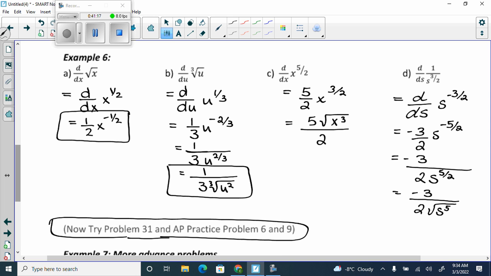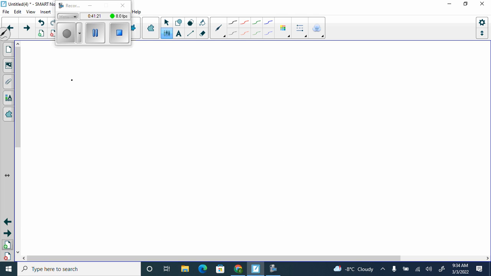for now, we're just going to do number 2 of the AP practice, which is like these ones. So number 2. Two says dy over dx equals, so the first derivative equals square root of 1 minus 2y cubed.